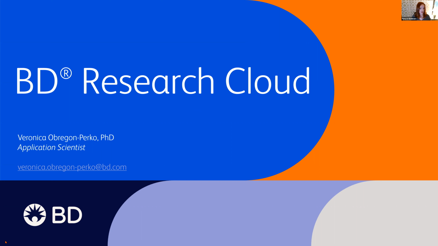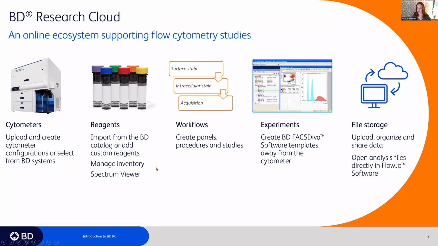So what exactly can this platform do for us? This is an overview of all of the different functionality that can be found within the BD Research Cloud. Even though cloud would imply that it's just a file storage solution, I can assure you it does a lot more than that, and it's summarized on this slide. Our goal with this platform was to address some of the sticky points that arise when we're working with flow cytometry studies.